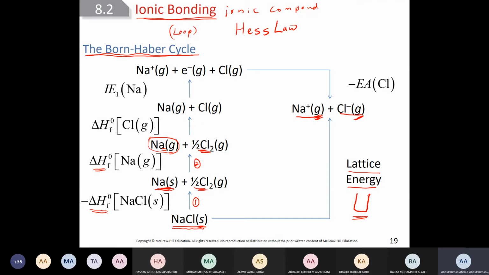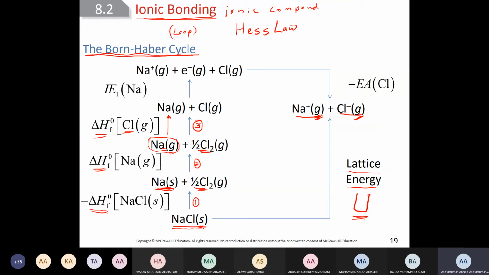In reaction 3, what do we call this heat? Heat of formation of chlorine. Look here, we did not do anything to sodium. Did we do anything to sodium from here to here? No. So what did we do?